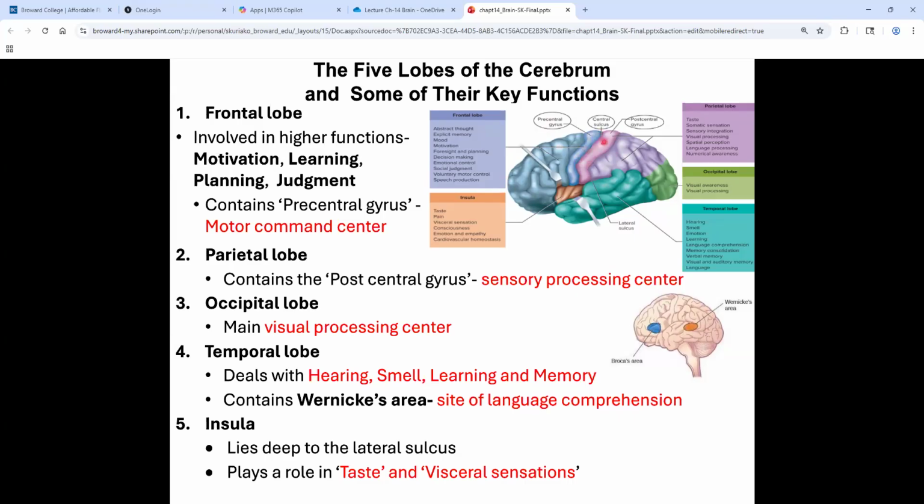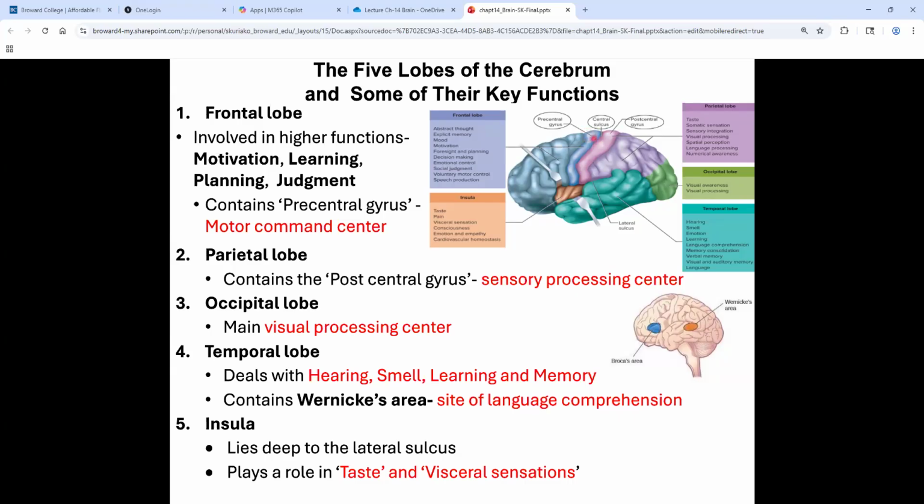Also, there's a sulcus which divides behind the frontal lobe, which is the parietal lobe. This is a parietal lobe. And separating the frontal lobe and the parietal lobe is the central sulcus. Now, this is very important because there is a gyrus right in front of the central sulcus.